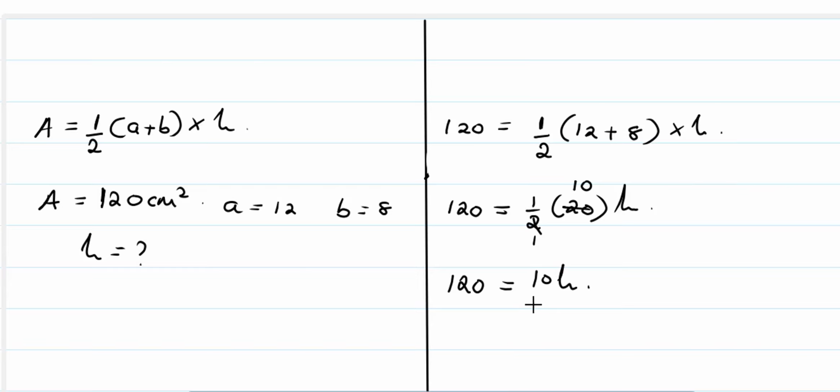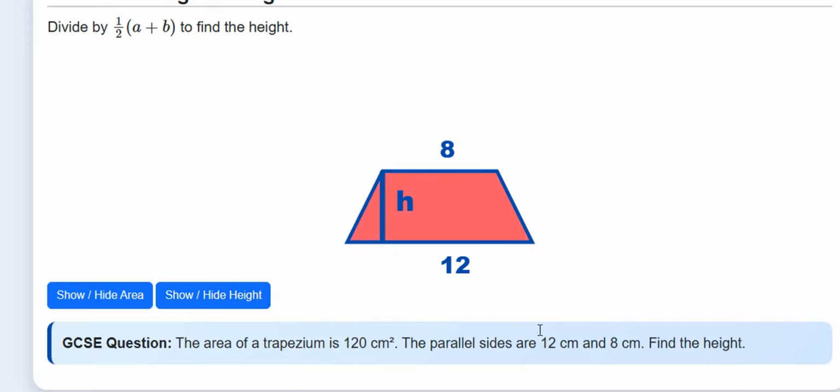But now to get the h itself, we need to divide both sides by 10. So 120 divided by 10 will be 12, and on this side I divide by 10, 1 by 1. So the height will be 12 centimeters. That becomes the height of this trapezium here.